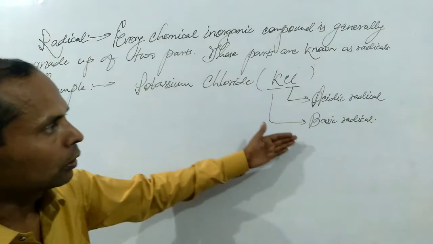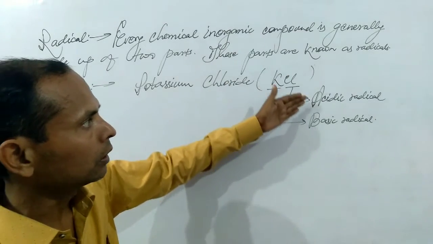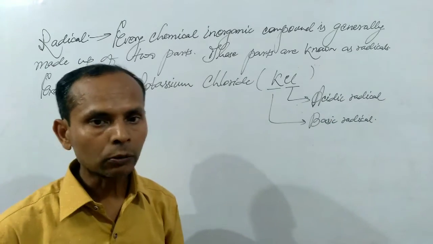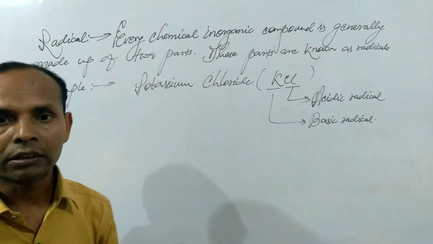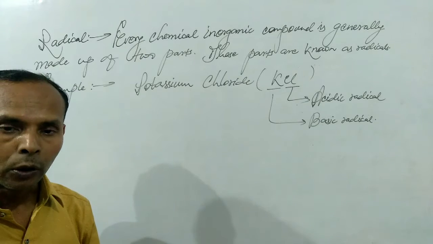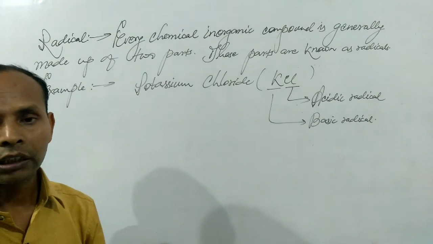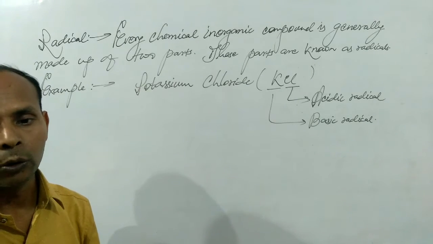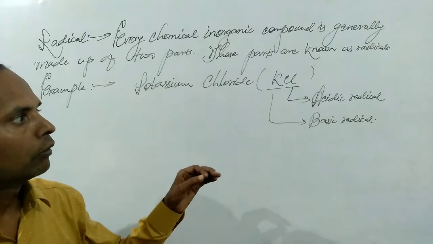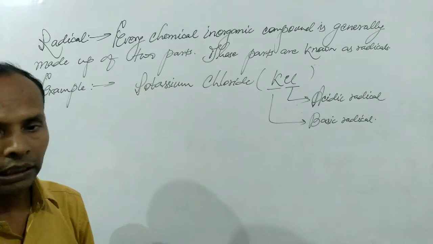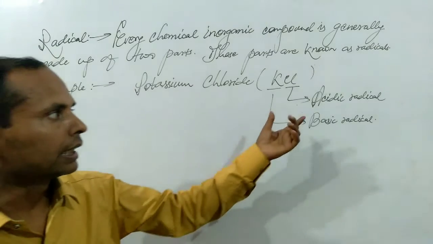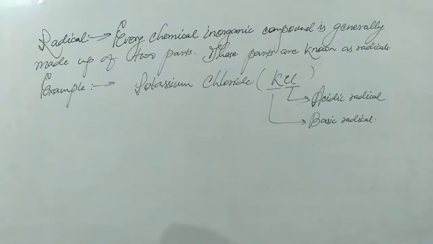So potassium is called a basic radical and chlorine is called an acidic radical. Not only in potassium chloride but in all inorganic compounds, there will be two types of parts involved, one called basic radical and the other considered an acidic radical. So these are the different types of radical.